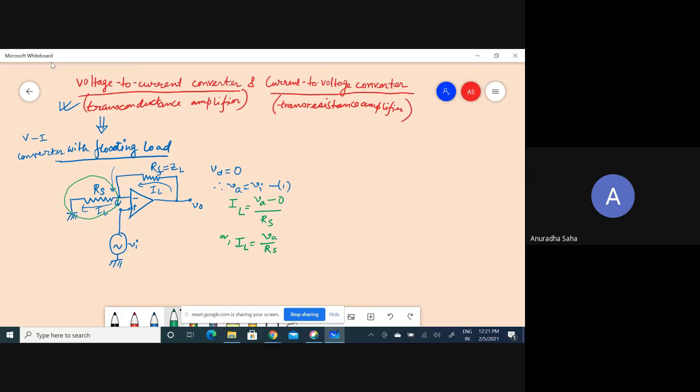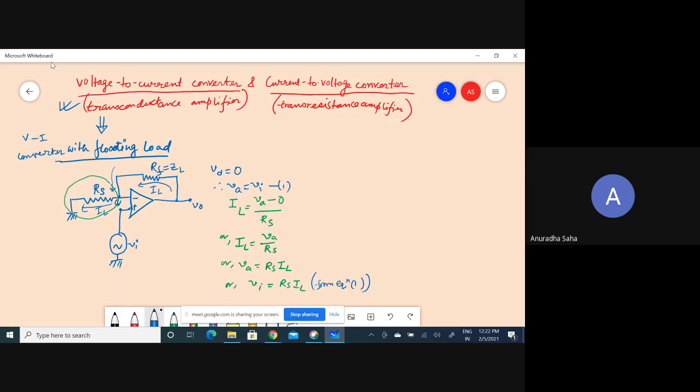So I can write that VA equal to RS into IL, and obviously we can write that VI equal to RS IL from equation 1, because we know that VA equal to VI.